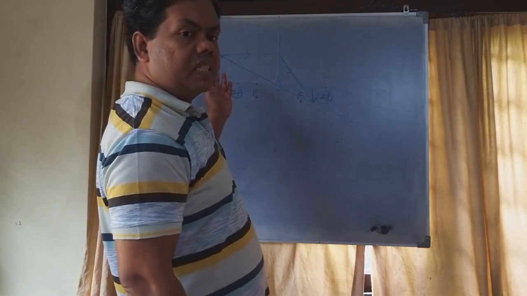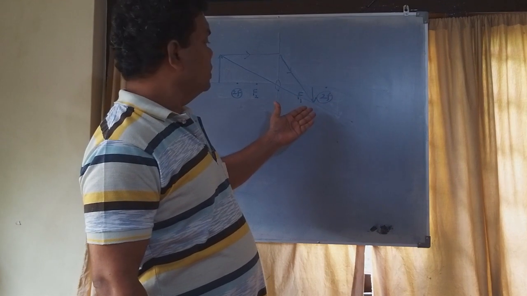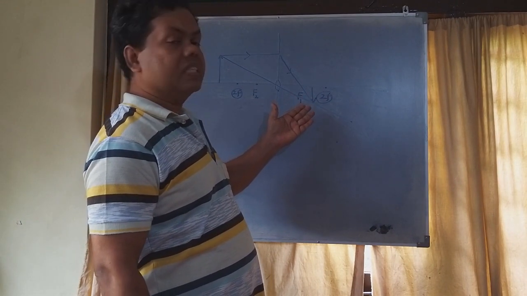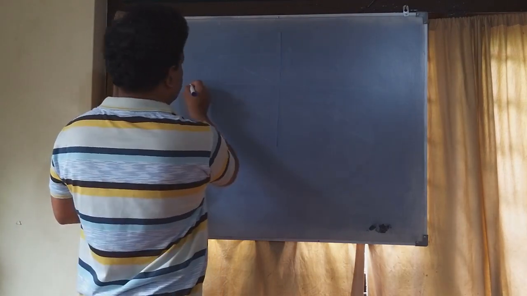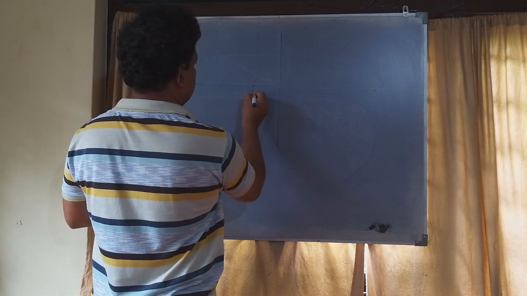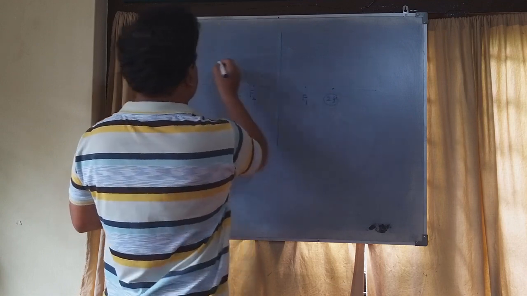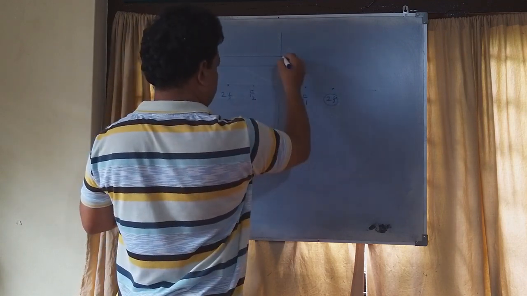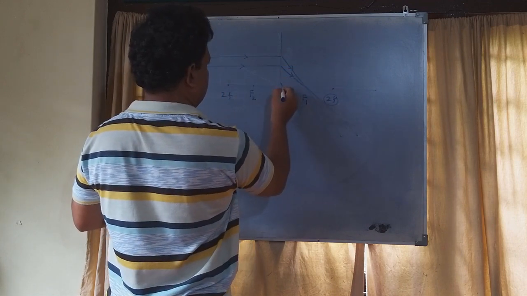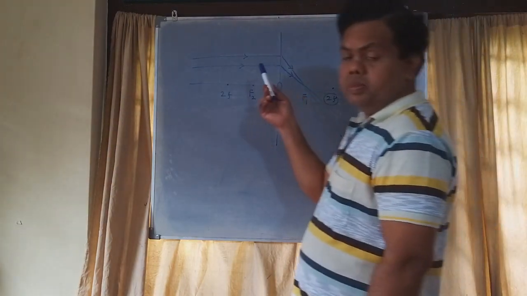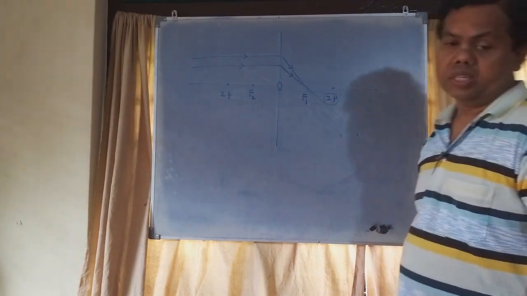When the object distance is greater than 2f, a real inverted image is formed where image distance is greater than f but less than 2f. When the object is at infinity, a real image is formed at the primary focus.